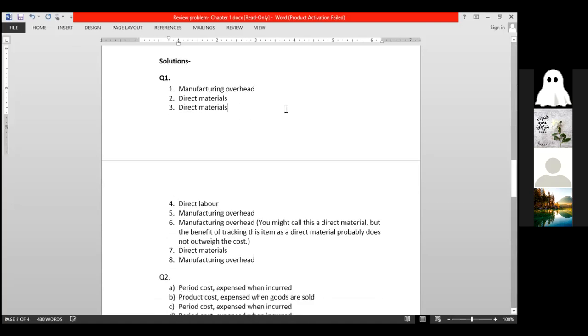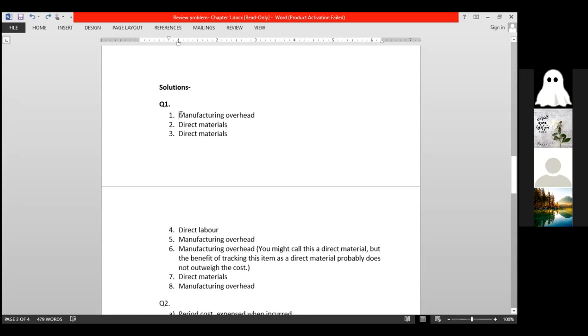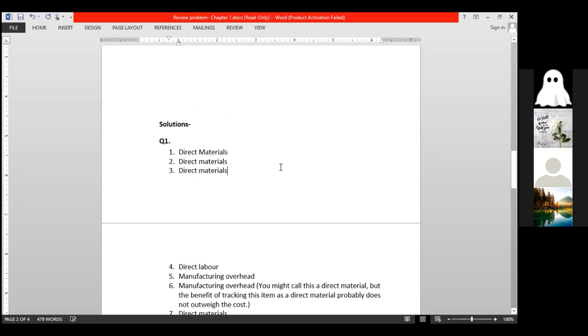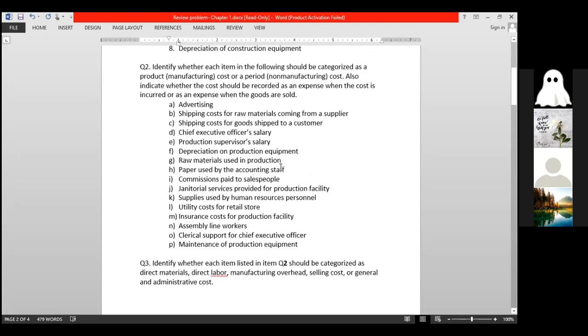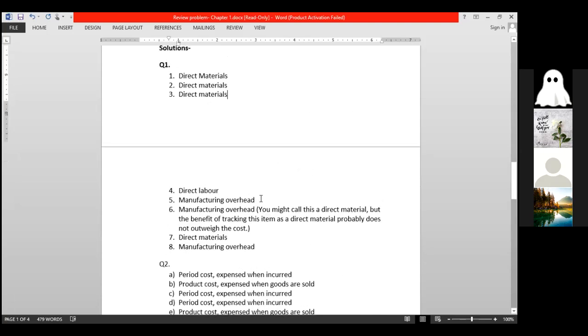Okay, they have the answer here. So they have put nails under manufacturing overhead. Why are nails put in manufacturing overhead? Direct materials. Number 5 is supervisor. Supervisor was a confusing one.